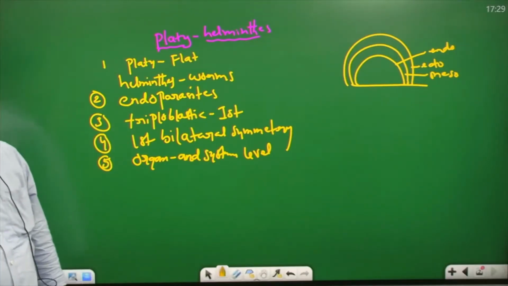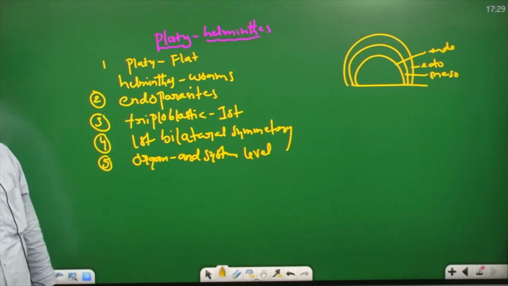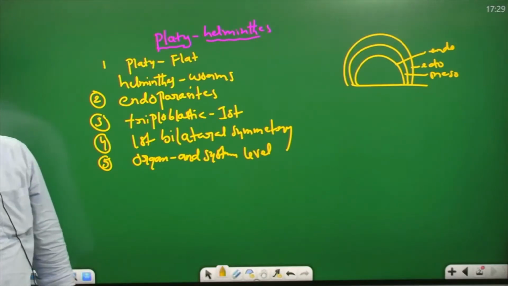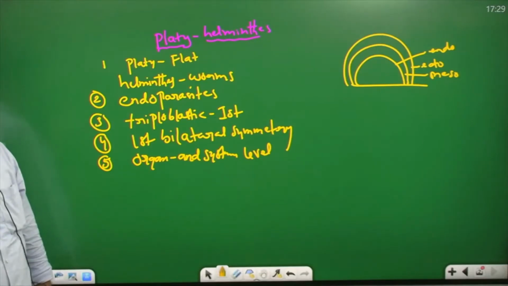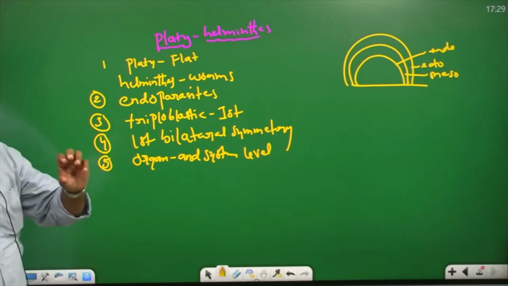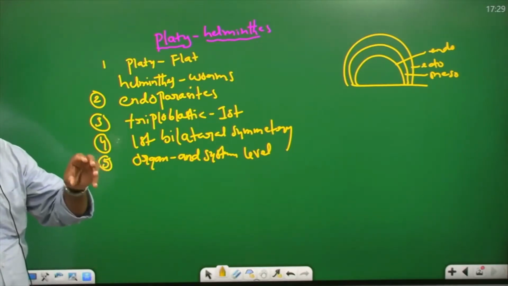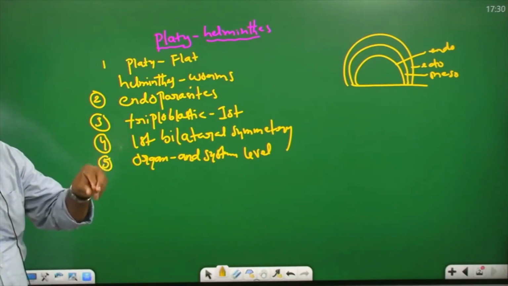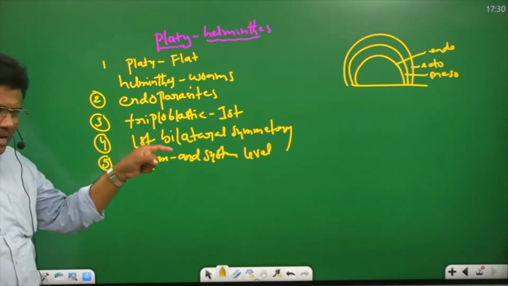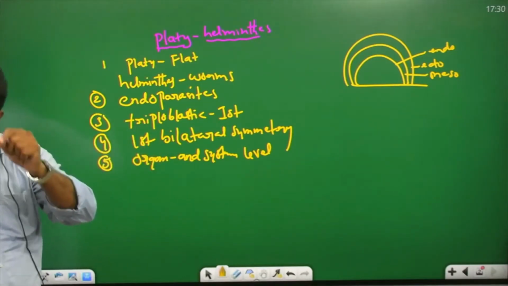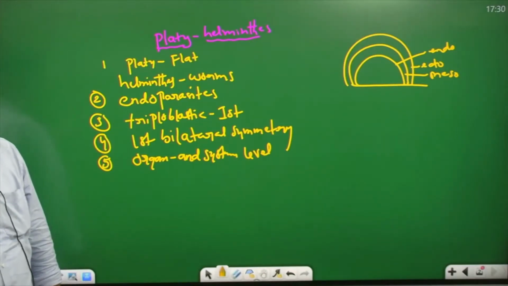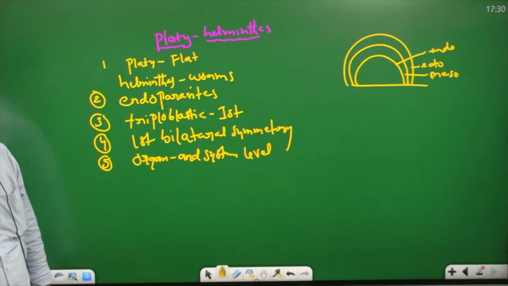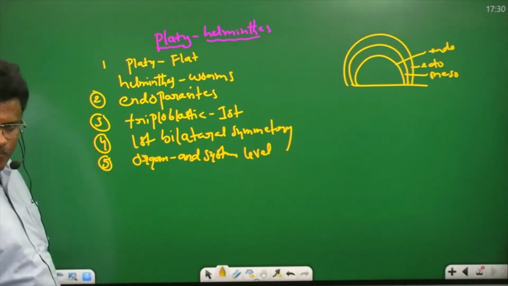Cells are fused into tissues. Tissues are fused into organs. Organs fused into organ systems. Organ systems fused into organism. Means tissues are fused to form the organ, organs are fused to form the organ systems. First time organ and organ system level formed in the Platyhelminthes. Both levels are there. Okay. Yes, this is the point.